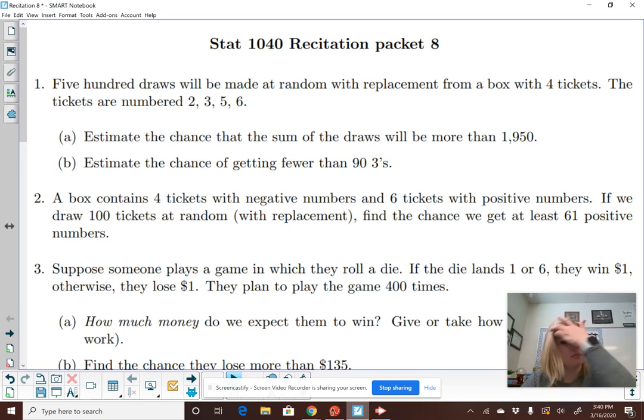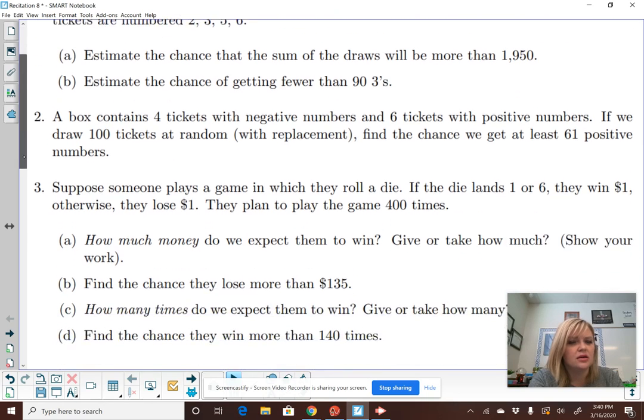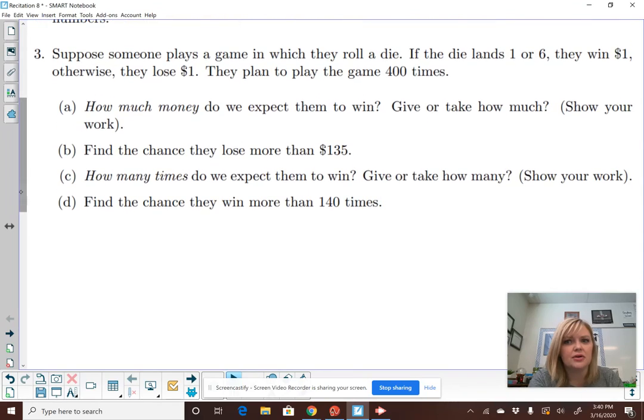So let's see, I think looking at my notes here, I think we talked about 1 and 2 in class. So I'm going to skip to number 3. And if you weren't here and you need help on number 1 or 2, just let me know, and I'll help you any way that I can.